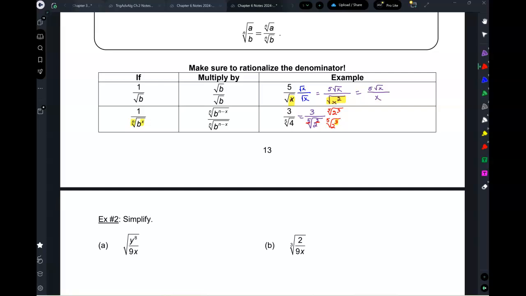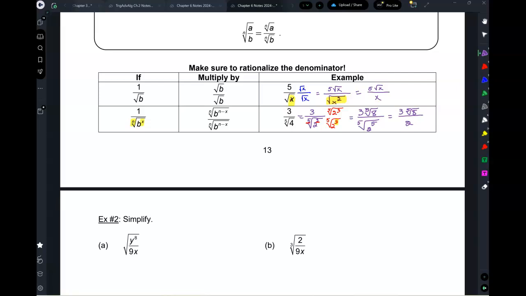So now I have 3, 5th root of 8. Here I have 5th root of 2 to the 5. And that's why they can come out. So 3, 5th root of 8 over 2.